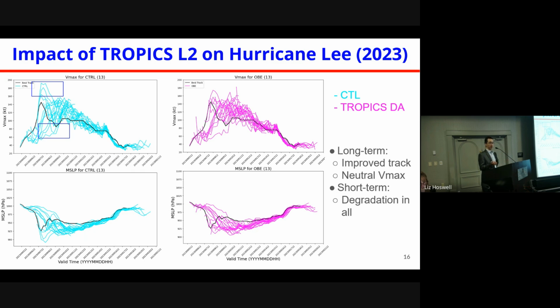But we also noticed that this weirdly strong initial Vmax happens in the DA experiments, which is accompanied by a severe spin down issue that is significantly degrading our short-term intensity predictions.